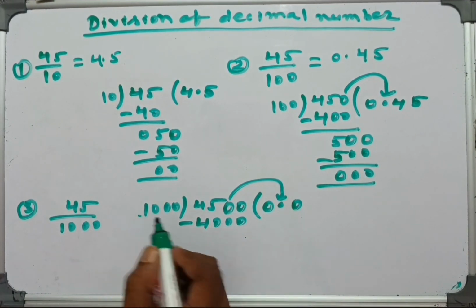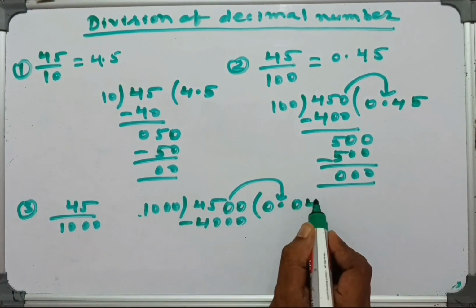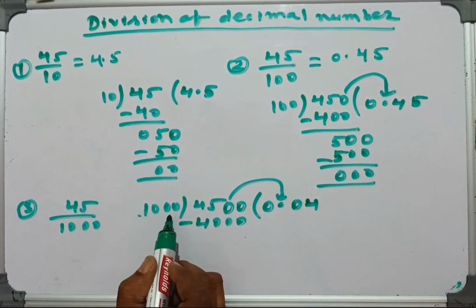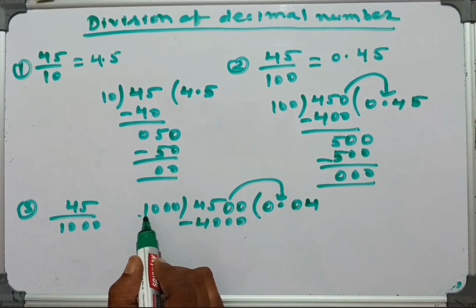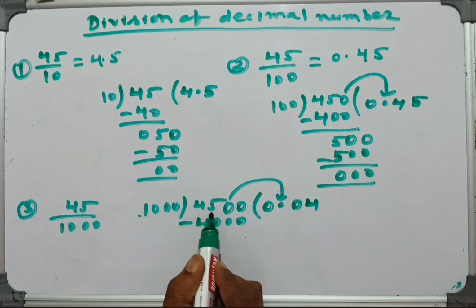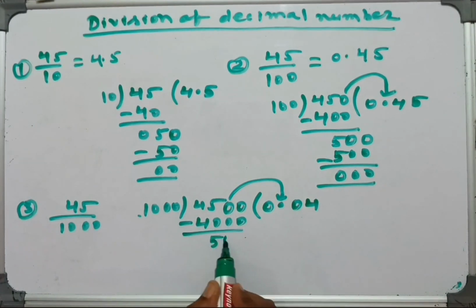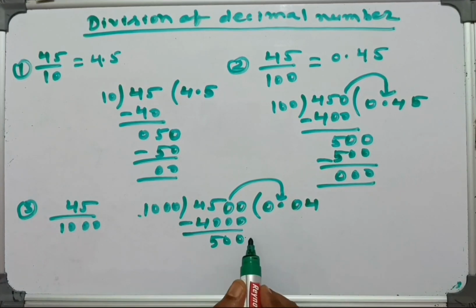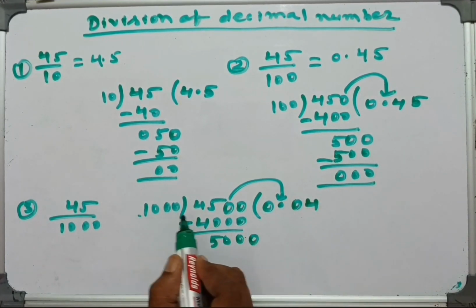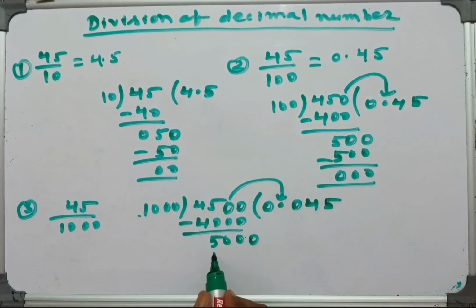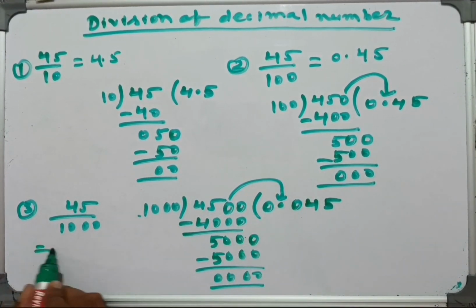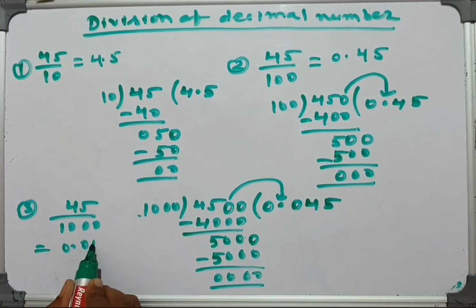Because 1000 multiplied by 4 equals 4000. I cannot multiply by 5 because 5000 is greater than 4500. Now this becomes this one, and when 1000 into 5, this becomes 5000. So the answer for this one is 0.045.